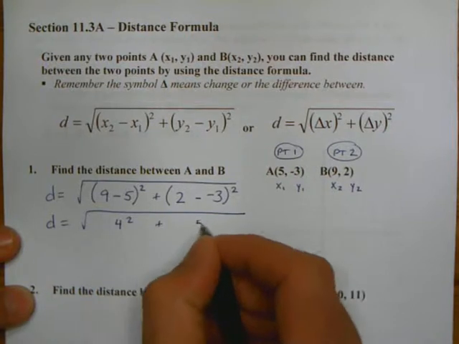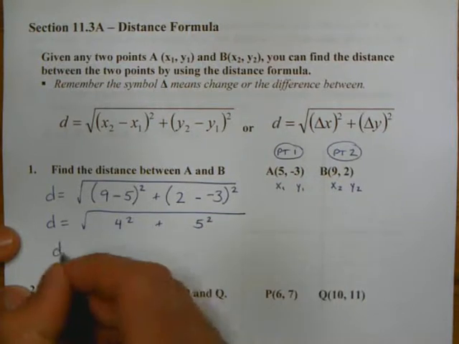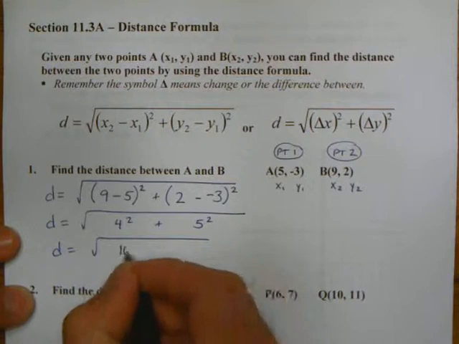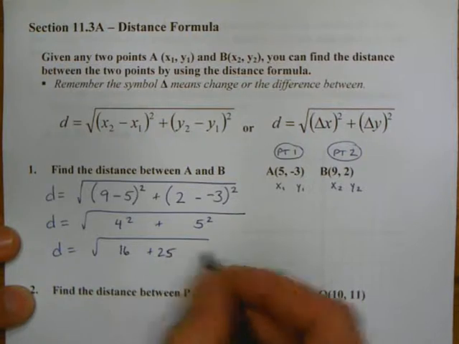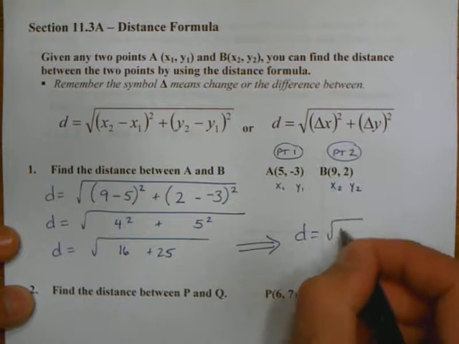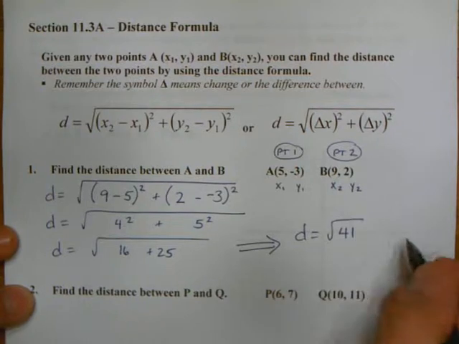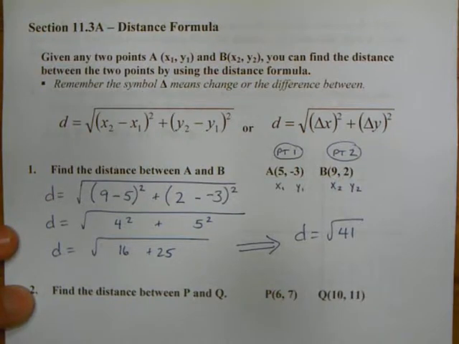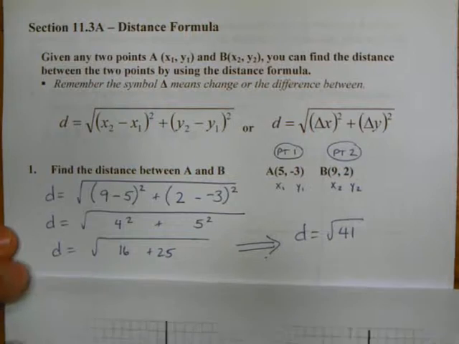So, the distance between these 2 points is 4 squared plus 5 squared, or 16 plus 25. So, in conclusion, our distance between these 2 points is the square root of 41.